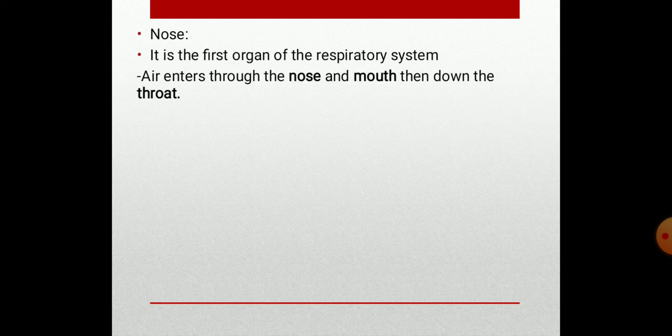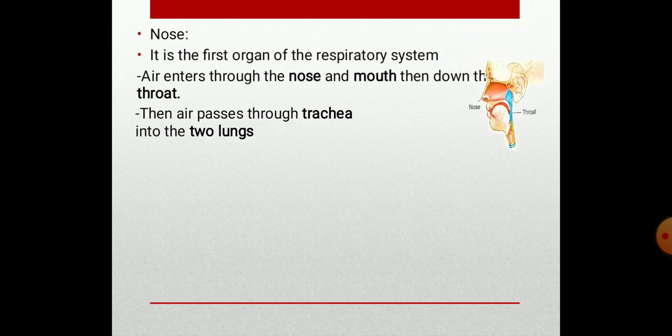So the air enters our body carrying oxygen by our nose or mouth, then down to the throat. So first nose, after that throat. Then the air passes through the trachea into 2 lungs. So number 1, nose, then throat, then trachea, after that 2 lungs.